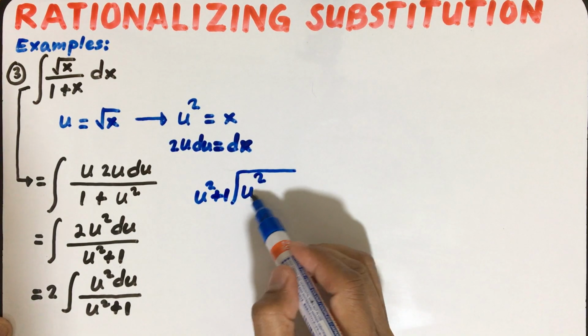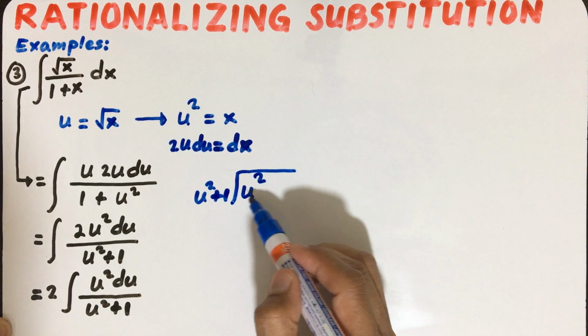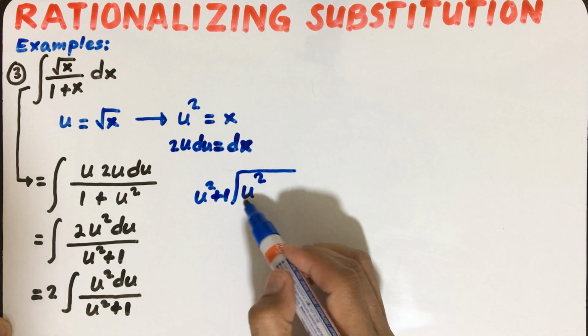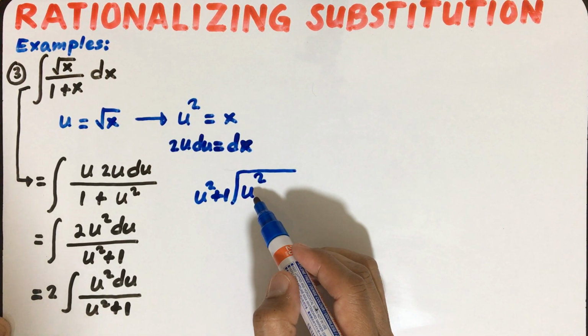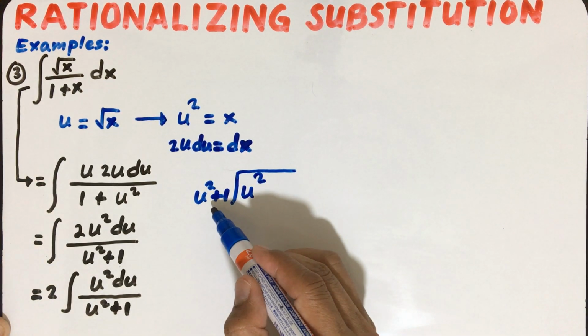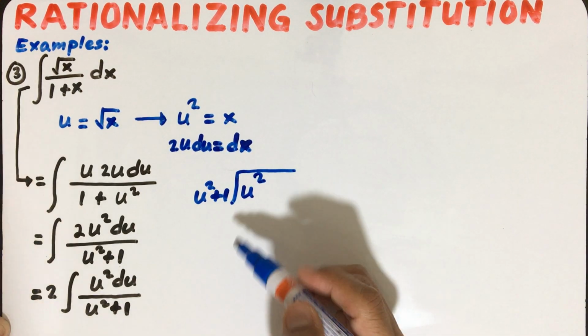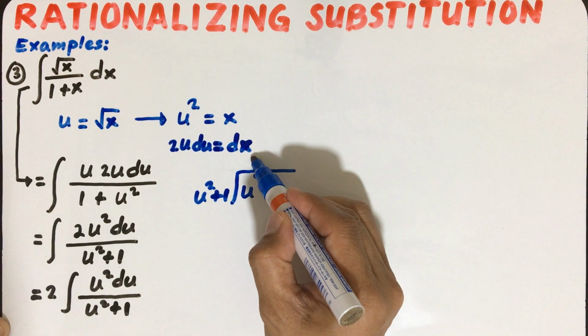Okay, so we have only one term here in the numerator. We have the dividend, divisor, and the quotient. Okay, so this one divided by u squared is equal to 1. So we have 1 here.